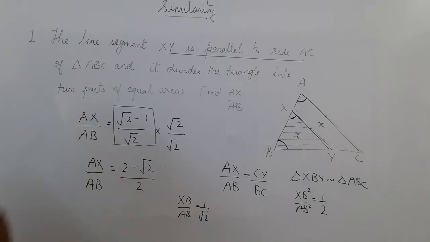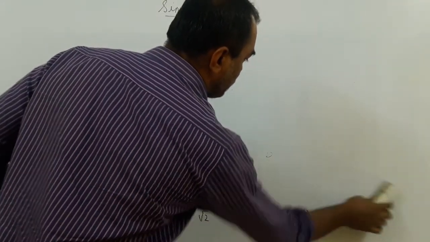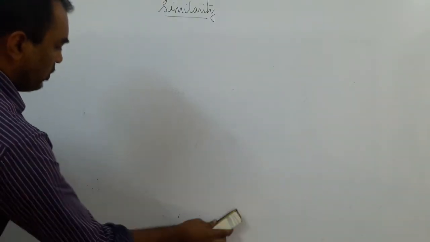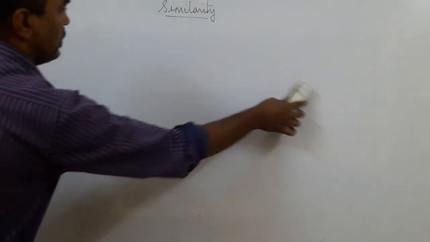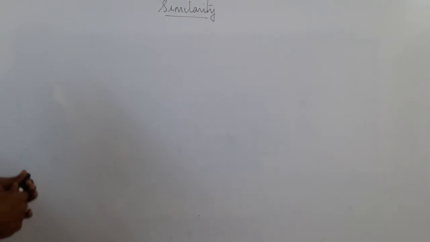So two more things were added to similarity. So one, recall last one of the whole chapter. So the chapter is not over yet, but what we have done so far, if you recall, we have said the triangles are similar if the corresponding angles are equal and the corresponding sides are in the same ratio.